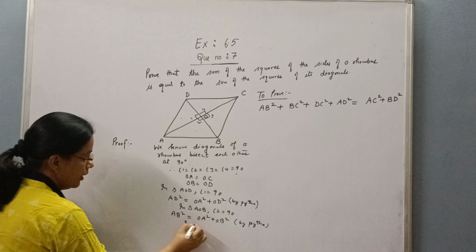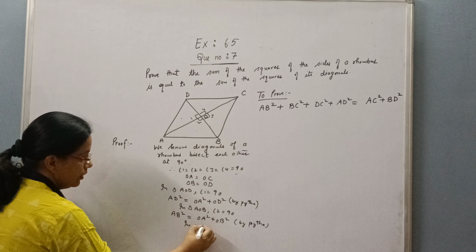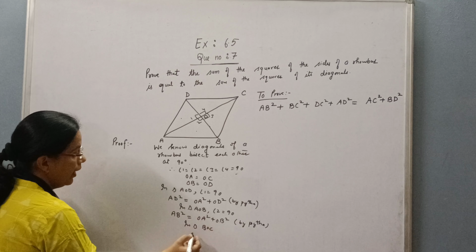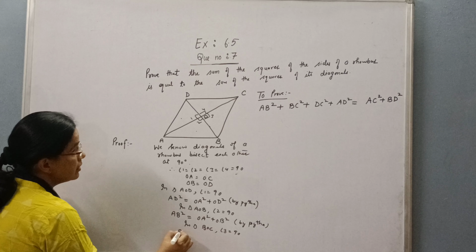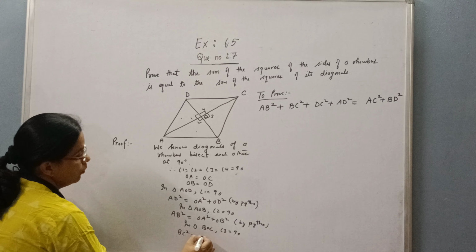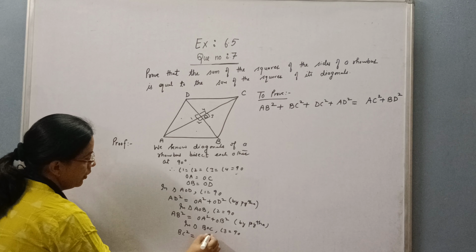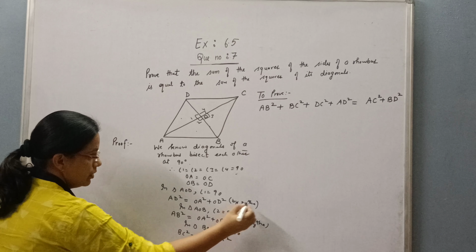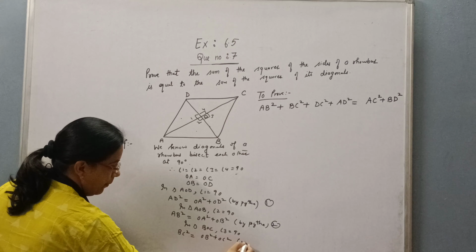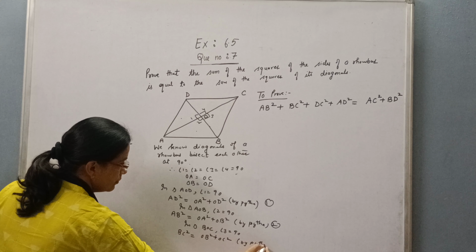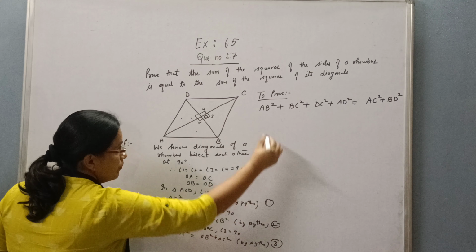Now consider the third triangle, that is BOC. Again apply Pythagoras and BC square is equal to OB square plus OC square. This is equation number 1, this is 2, and this is equation number 3.